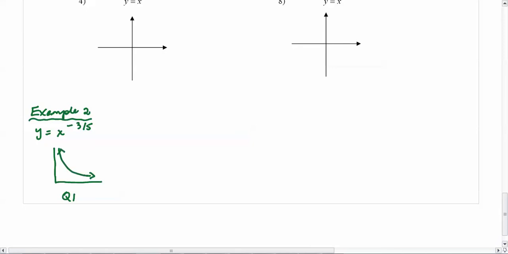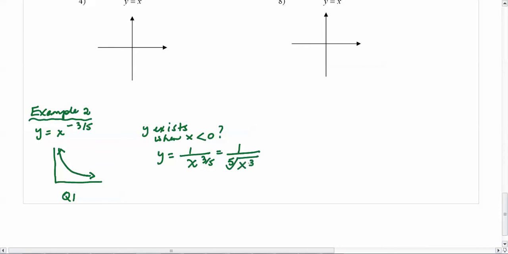Okay, will y exist when x is negative? Okay, to do this, let's rewrite the equation. Remember, a negative exponent means 1 over. So this is 1 over x to the 3/5, which is 1 over the 5th root of x cubed.